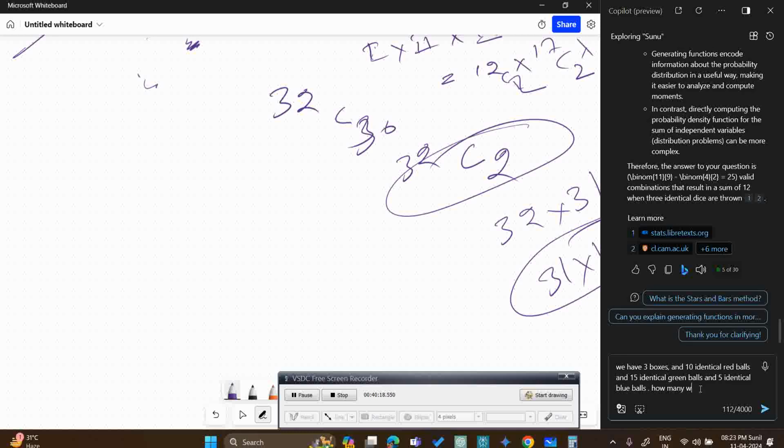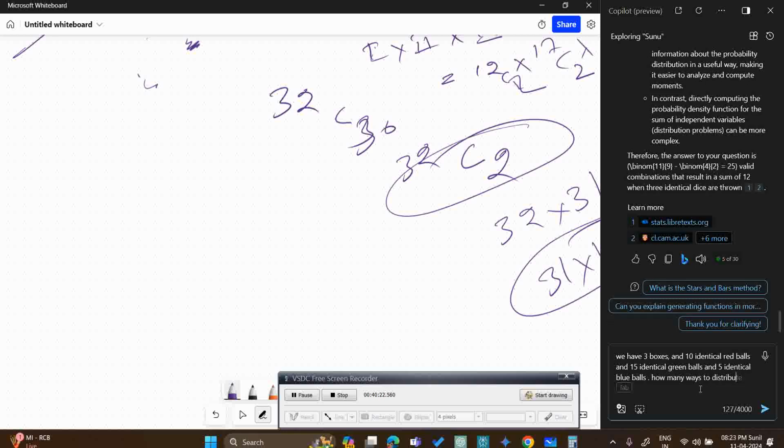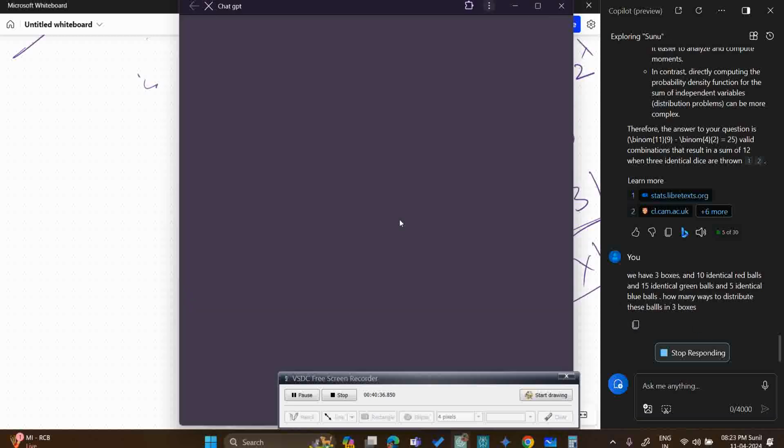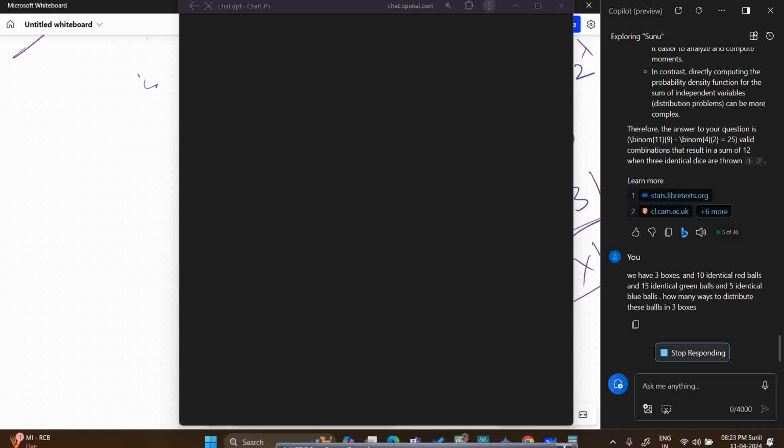How many ways to distribute these balls in 3 boxes? This is the question. Let me check on ChatGPT also, what answer it will give to us.